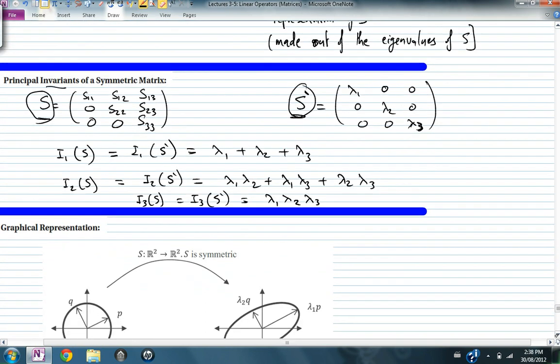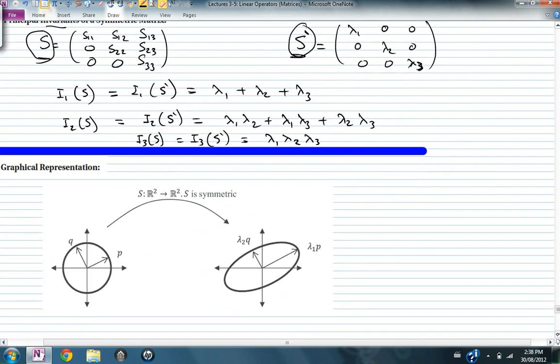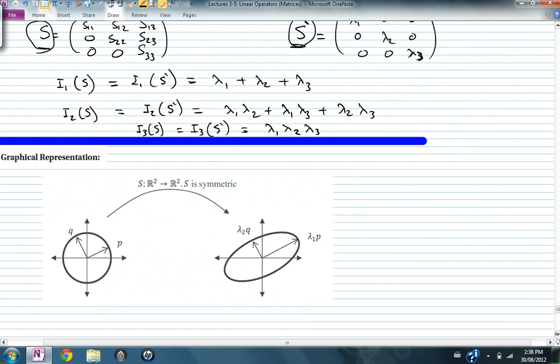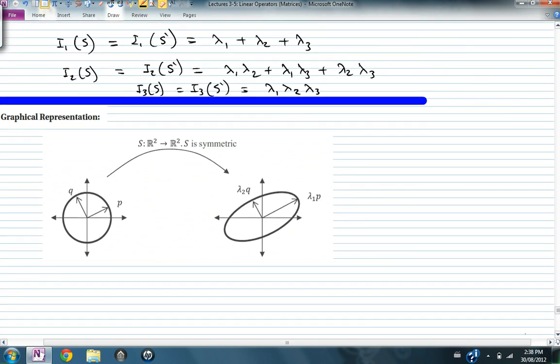And we're going to view this in a two-dimensional vector space. So let's assume S is a symmetric matrix in a two-dimensional vector space. Since S is symmetric, it possesses two perpendicular eigenvectors.